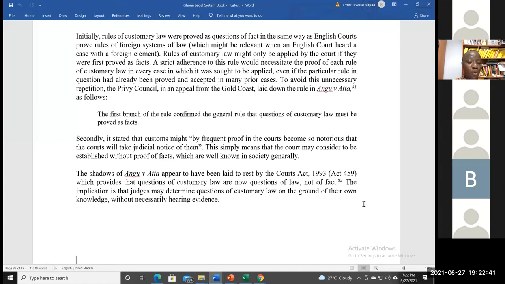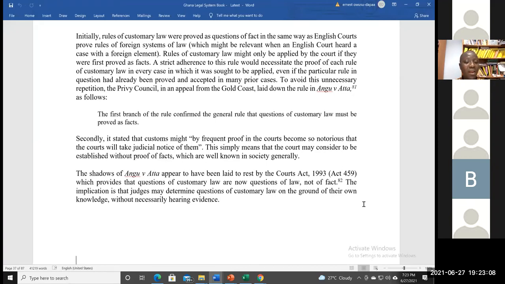Remember the famous rule in Angu versus Ata, in which the point was made by the Privy Council that any allegation regarding the existence of customary law as a law is going to be treated as a question of fact, not a question of law.